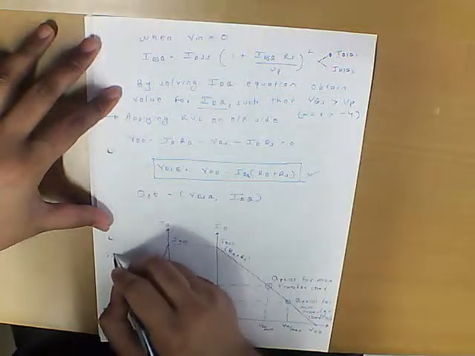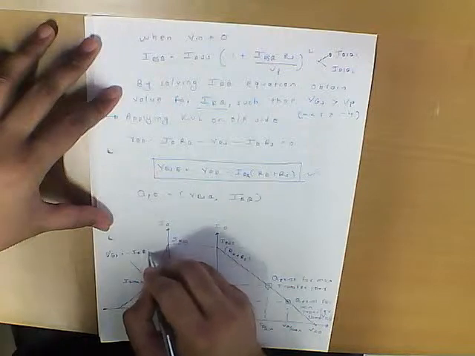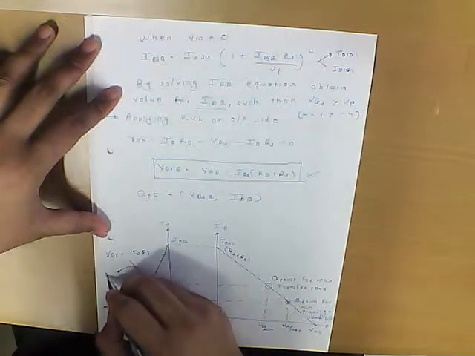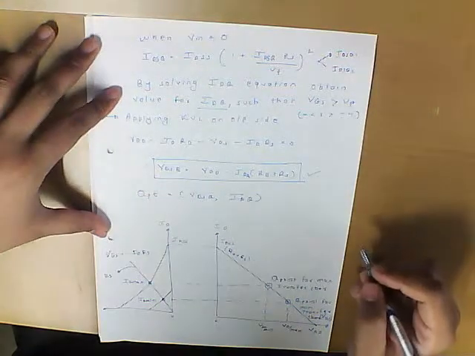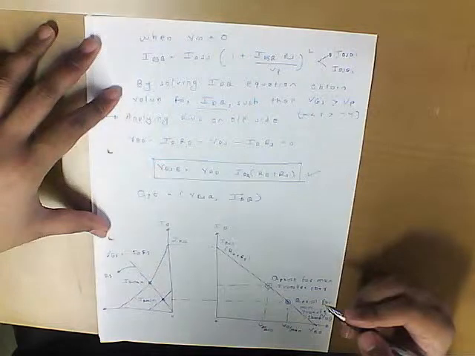Also, my VGS is minus ID times RS. So the slope of this line is RS, and the slope of the DC load line is RD plus RS.